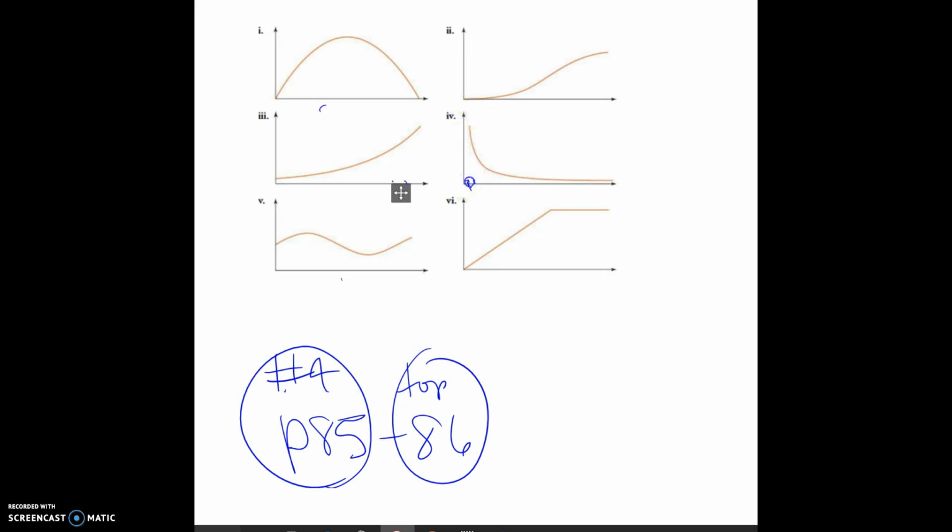Now, if I have maybe 50 workers, that takes a certain amount of time to build. If I have 100 workers, maybe it takes this time. And then it levels off, because if I have 1,000 workers, a lot of them are going to be standing around doing nothing. So this looks like the bridge building one.